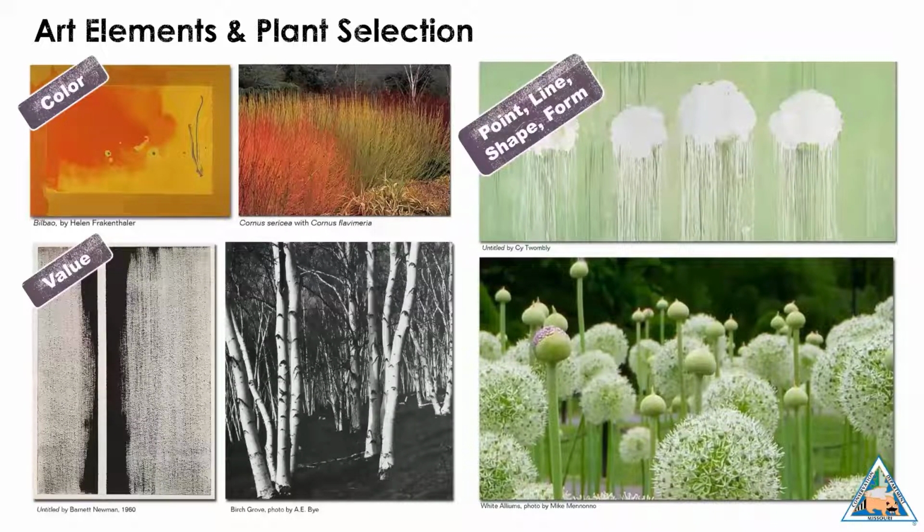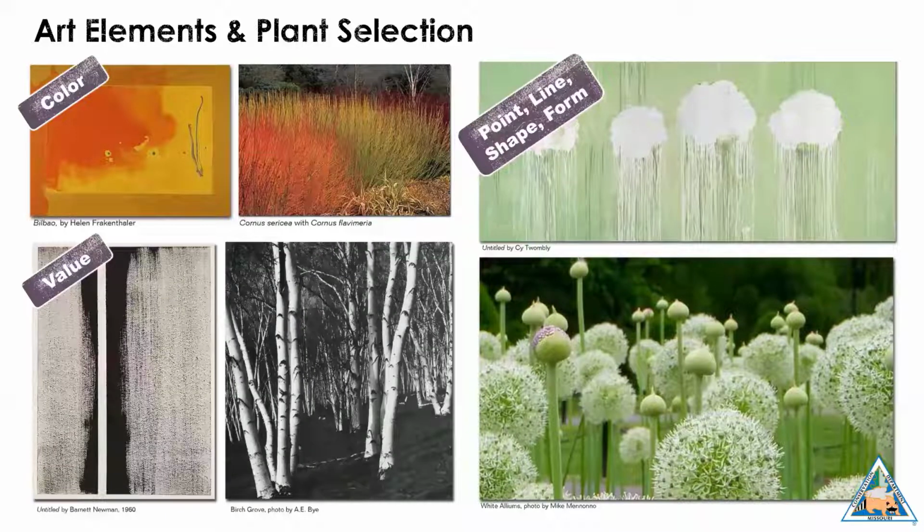If we want to bring those shapes into the 3rd dimension, they're going to become forms. So the photograph at the bottom of your screen shows how the points have become spheres in those spherical shaped flower heads. And then we've got the lines that now are in the 3rd dimension with the plant stems.